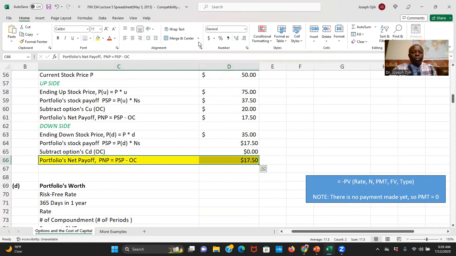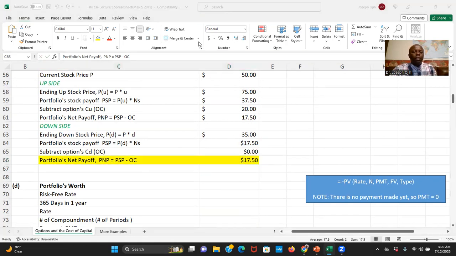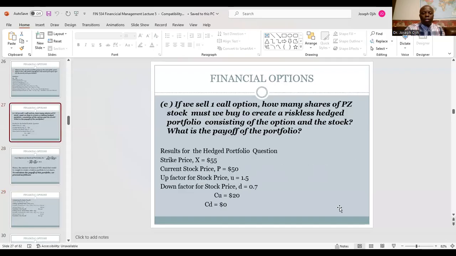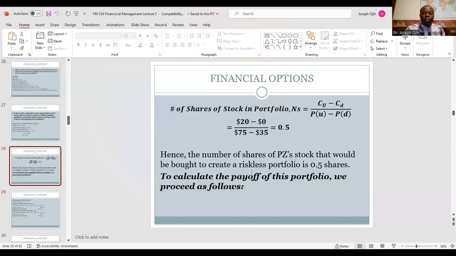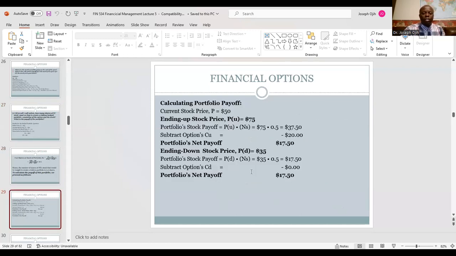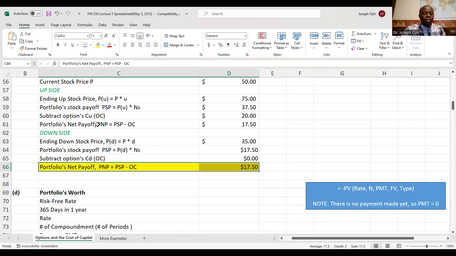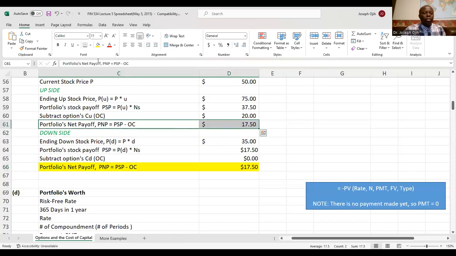The question for that part was, what is the payoff of the portfolio? So the payoff of the portfolio is $17.50 for both of them, for the up and down part of it. Now, we are ready to answer part D of that question.